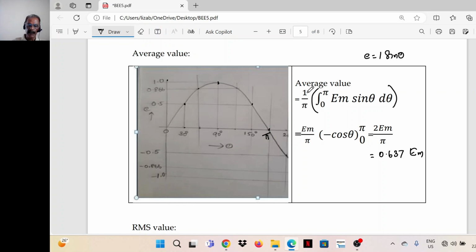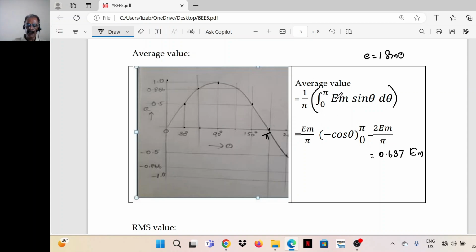So as an equation, the sum of the instantaneous values is integral 0 to pi of E d theta, where E is equal to Em sin theta. So integral 0 to pi Em sin theta d theta gives the sum of all instantaneous values, divided by the interval pi.